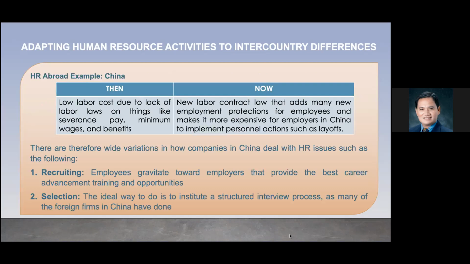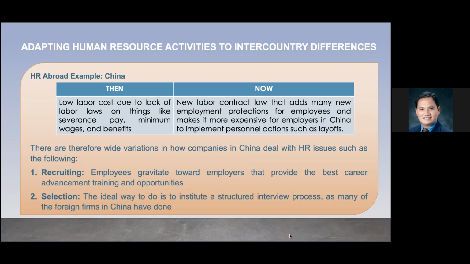Another example we have here is China. For years, employers relied on China's huge workforce to provide products and services at low cost. Part of the reason for the low labor cost was the lack of labor laws on things like severance pay, minimum wages, and benefits. But now things are already changing.